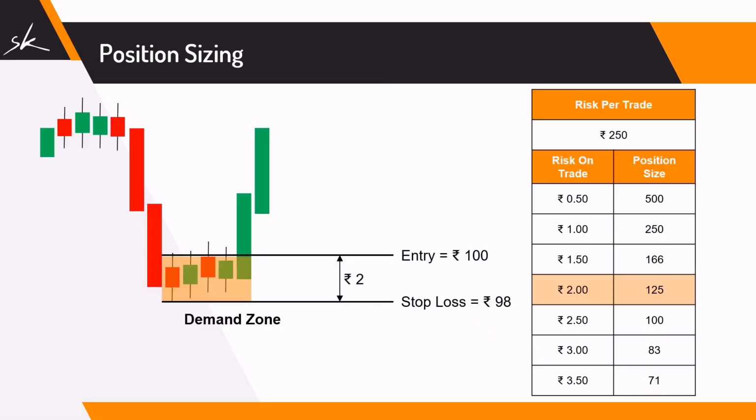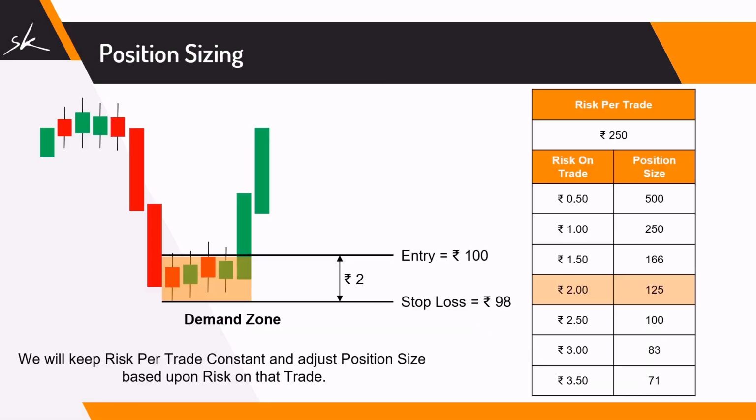For objective risk management, we always want to keep our risk per trade constant and adjust the position size based upon risk on that trade. When the risk on the trade starts getting bigger, we reduce the position size, and when the risk on the trade starts getting smaller, we increase the position size. In all the cases, risk per trade will remain constant.